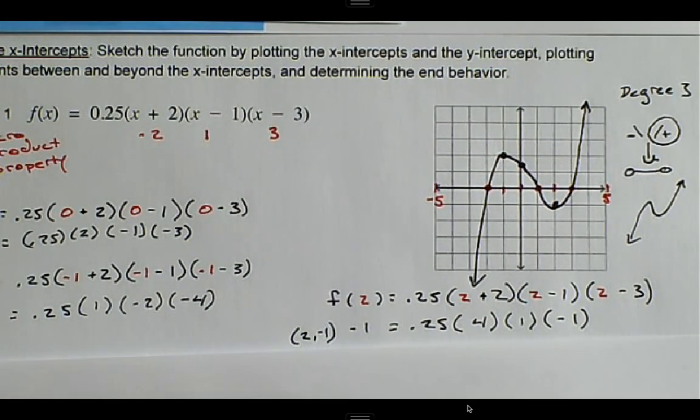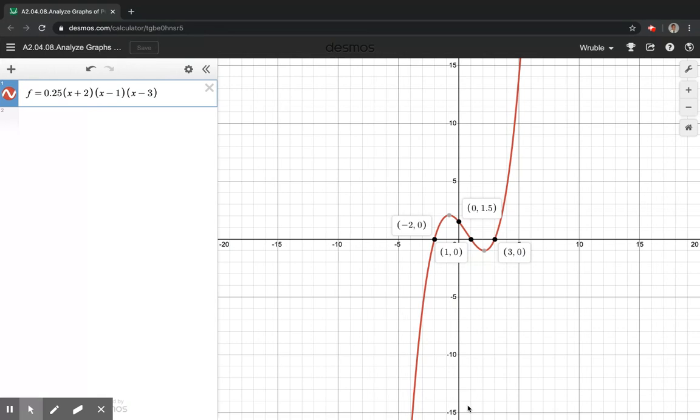And if we want to check to see what it looks like, these are some points. Now we can see that we have a minimum here, which is about (2.12, -1). That's not what we calculated, right? We calculated it at (2, -1). So the one we calculated wasn't the lowest point, but it gave us an idea of what the graph looked like.